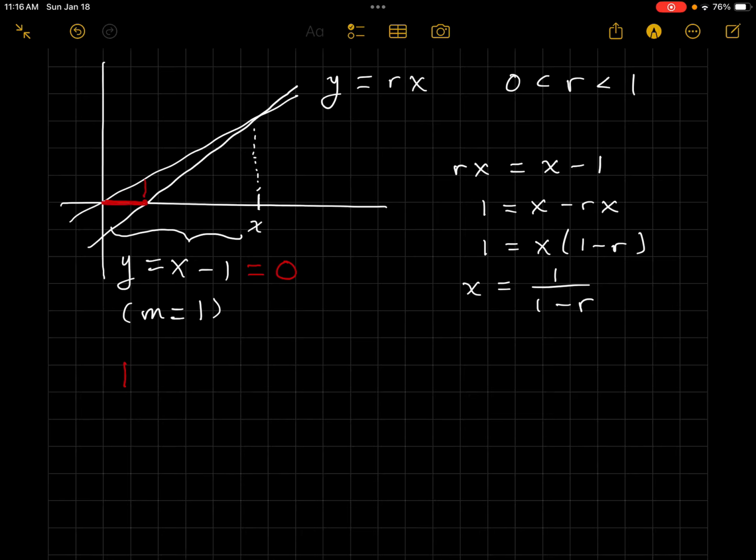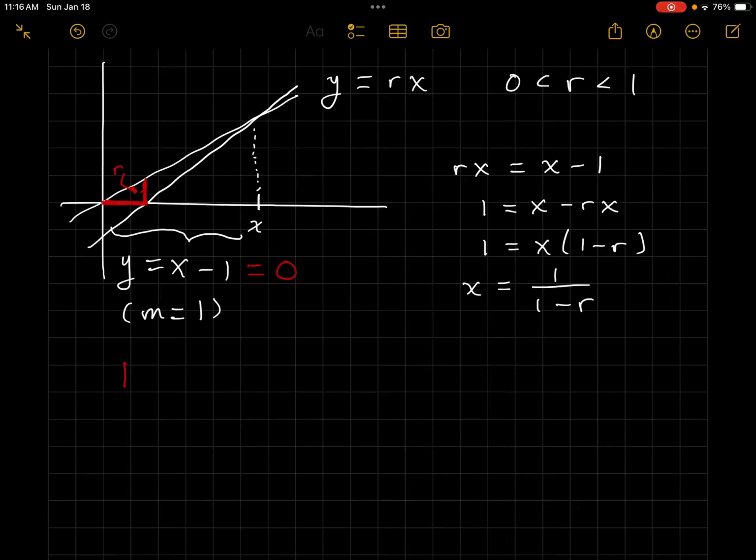Now I'm going to find this length. This length is not going to add up to get to the x value, but it's going to help me find it. And my claim is that this length here is r. There are a couple of ways to figure out why it's r.